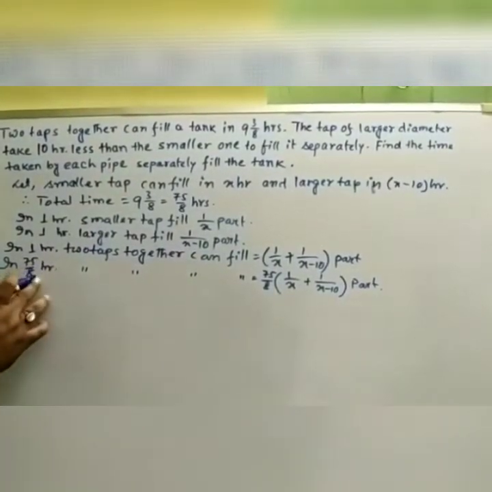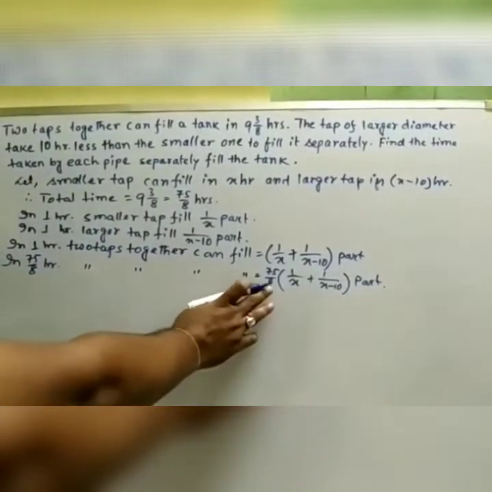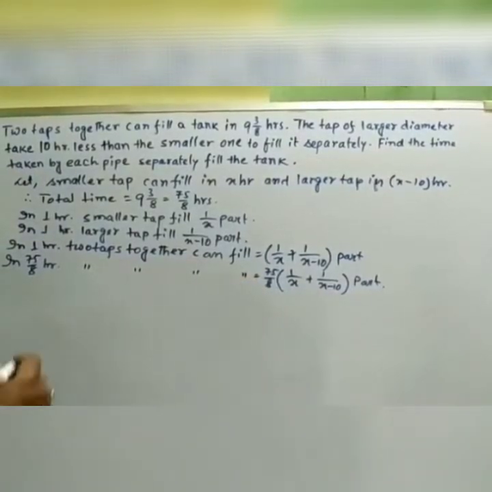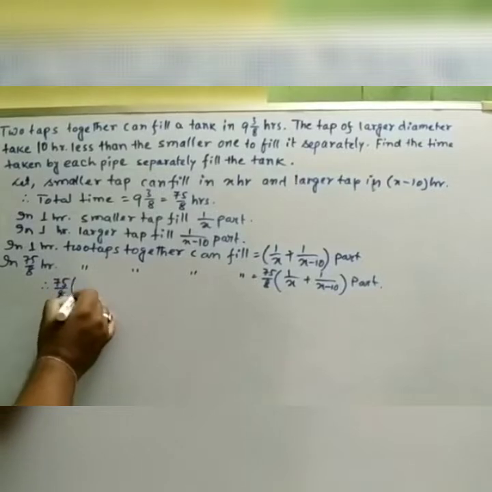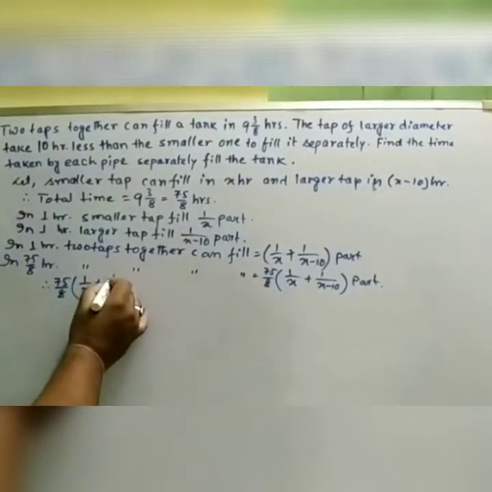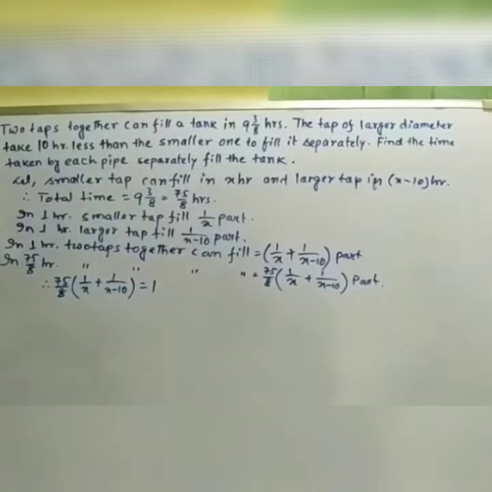So 75 by 8 into 1 by x plus 1 by x minus 10 equals 1.